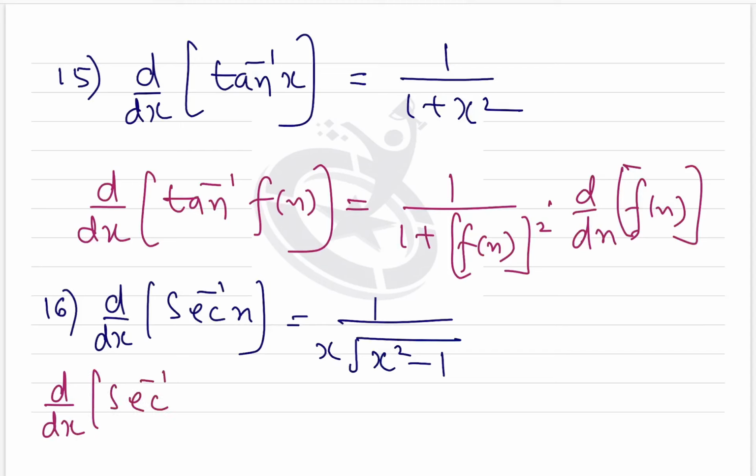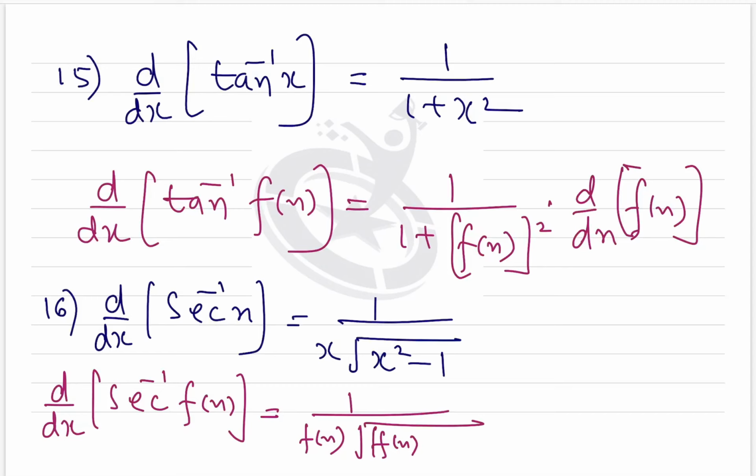So here the composite rule for sec inverse f of x will be 1 upon f of x into root of f of x the whole square minus 1 into derivative of f of x. Clear? So सारे formulas में जहाँ पे x था अगर वहाँ पे f of x आया तो आंसर में भी x के जगह पे f of x रखना है and multiply by the derivative of f of x.